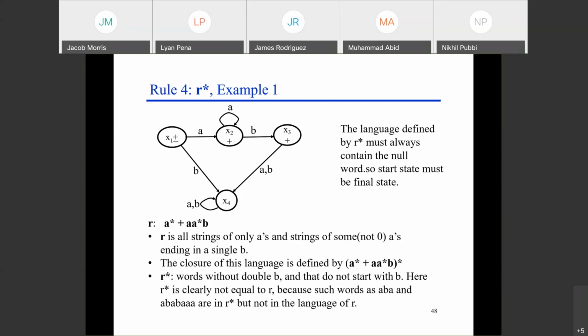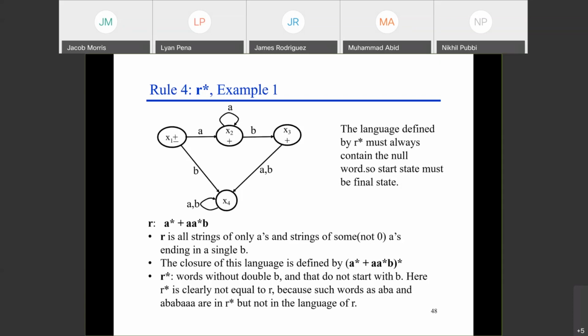You always start from the start state, and when you start there, you are not giving any input, and it means that you are standing on the start state, and without giving any input, you are on the final state also. So it allows you to accept lambda. This is basically the idea behind that.